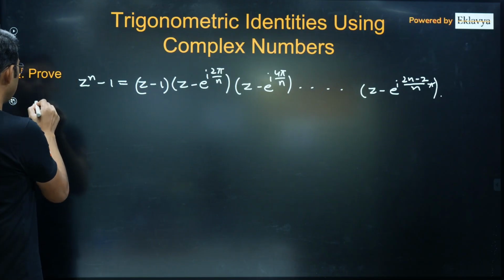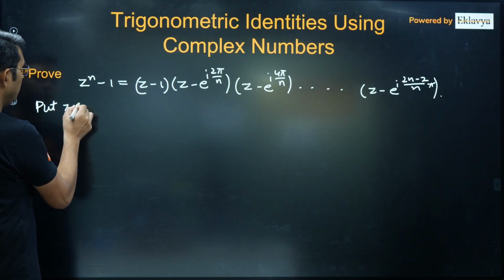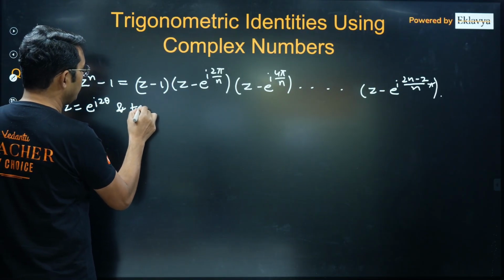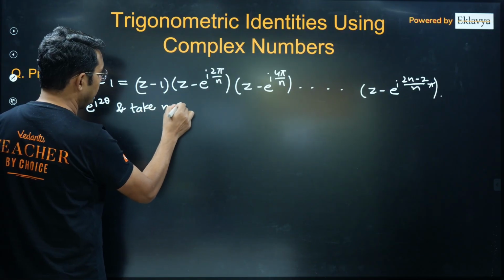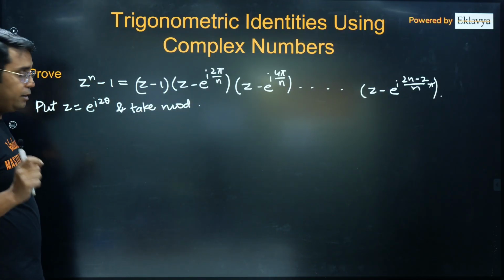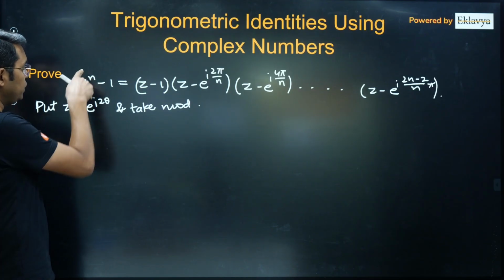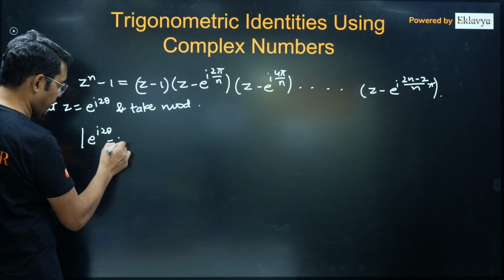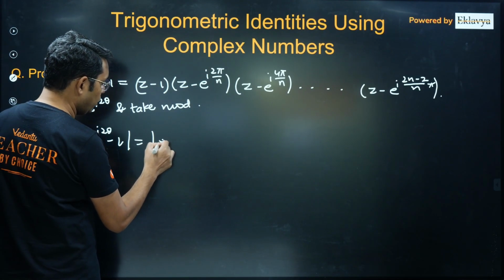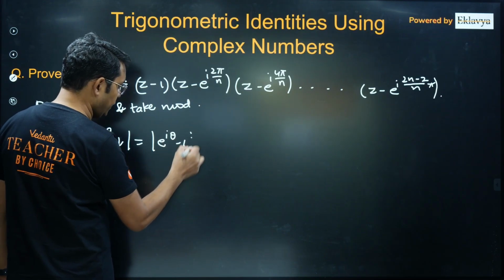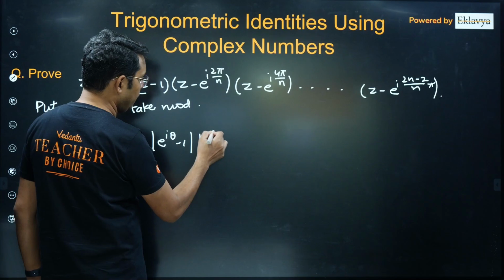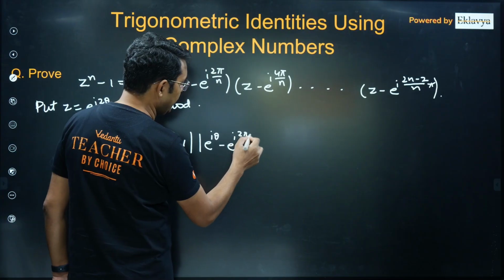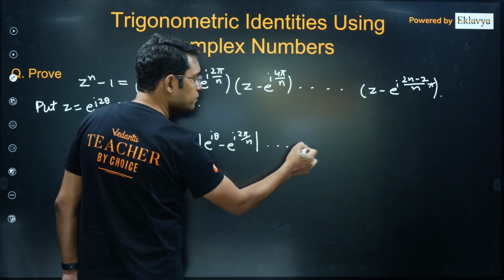You have to put z equal to e power iota 2 theta and take mod on both sides. If you put it here, you will be getting mod of e power iota 2 theta minus 1, and this will be mod of e power iota 2 theta minus e power iota 2 pi by n, and so on.